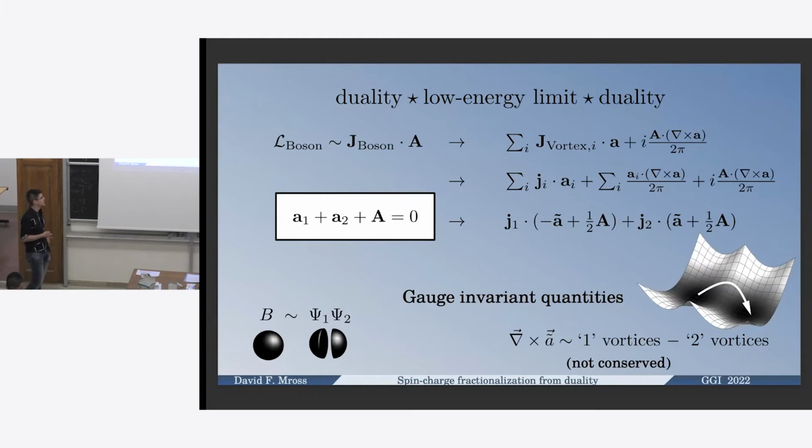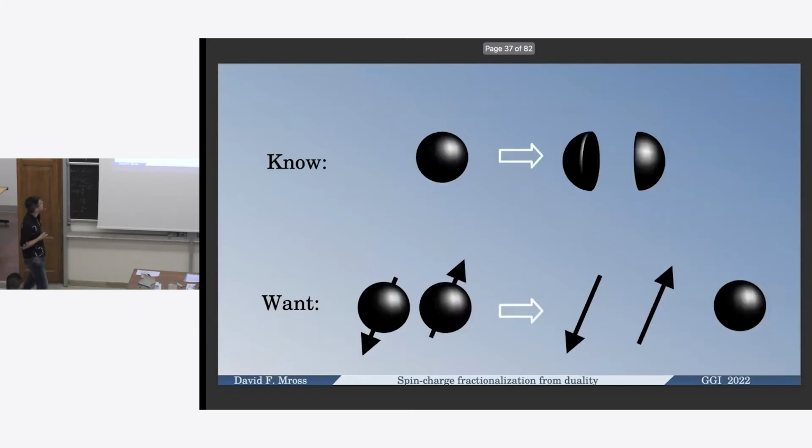Compact gauge fields tend to confine unless there is enough matter around, or conversely, unless the vortex number is high enough that even a small amount of matter may prevent them from actually confining. Okay, so this is all known stuff so far. What we already know, and what was known some 20 years ago, is how we use dualities to split a single boson into two halves. Right? That's essentially old news.